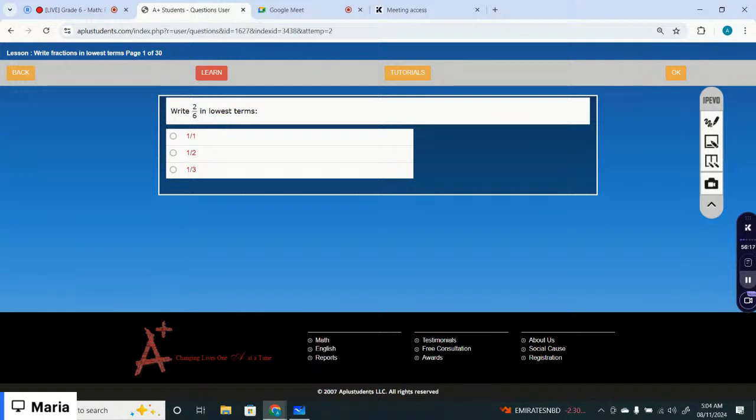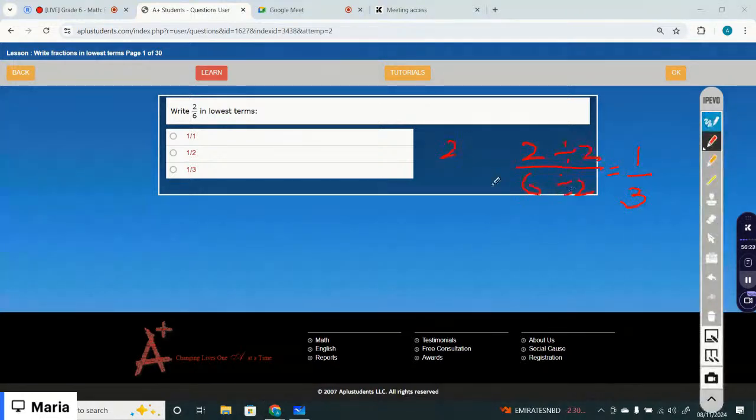The correct option is 1 over 3. You have to divide both numerator and denominator by the greatest number. So that is 2. So 2 times 1 is 2 and 2 times 3 is 6. So that is 1 over 3. Very good. Option number 3 is the correct option. That is 1 by 3.